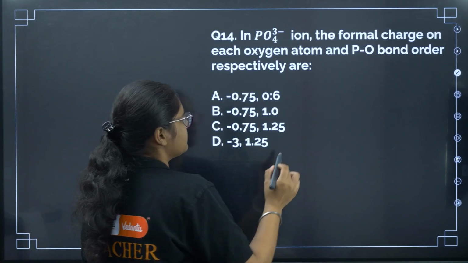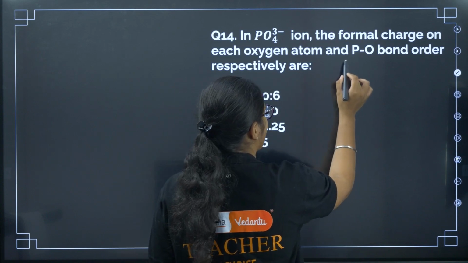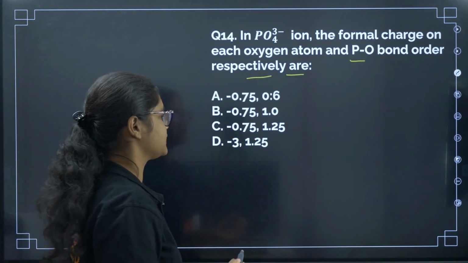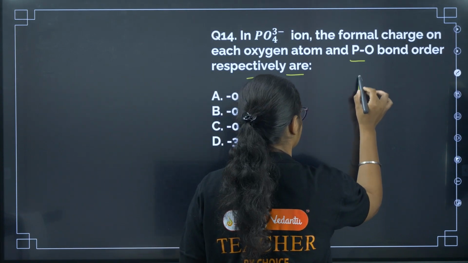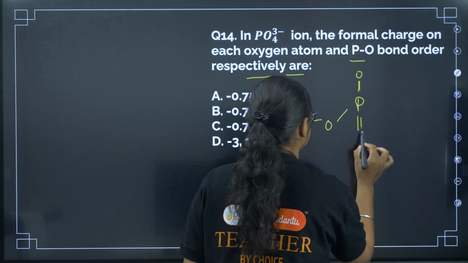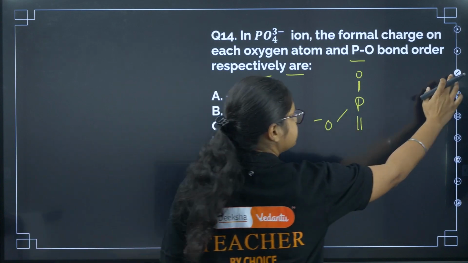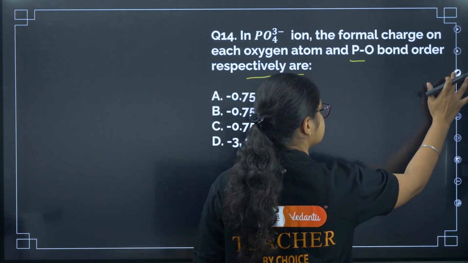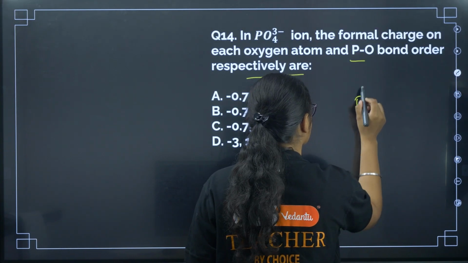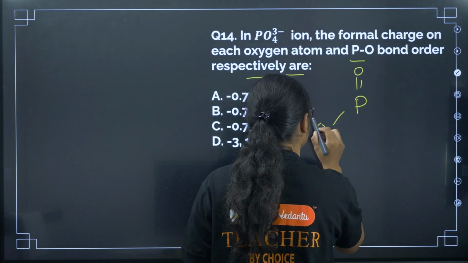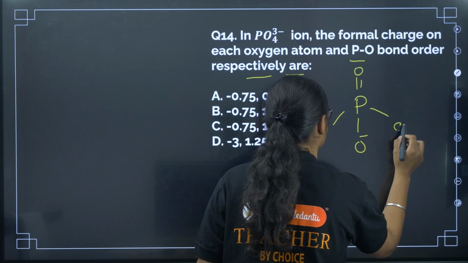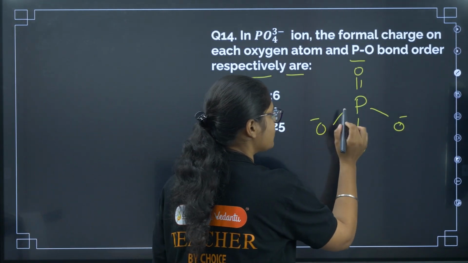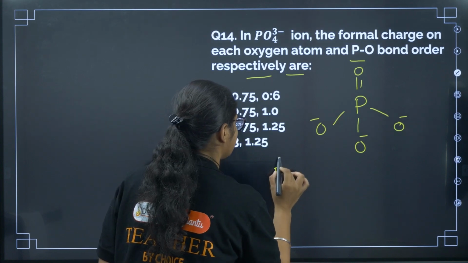Next, in PO4 3-, the formal charge on each oxygen atom and the P-O bond order respectively are. So if you know the structure of PO4 3-, right? Now how many resonating structures can we draw like this?